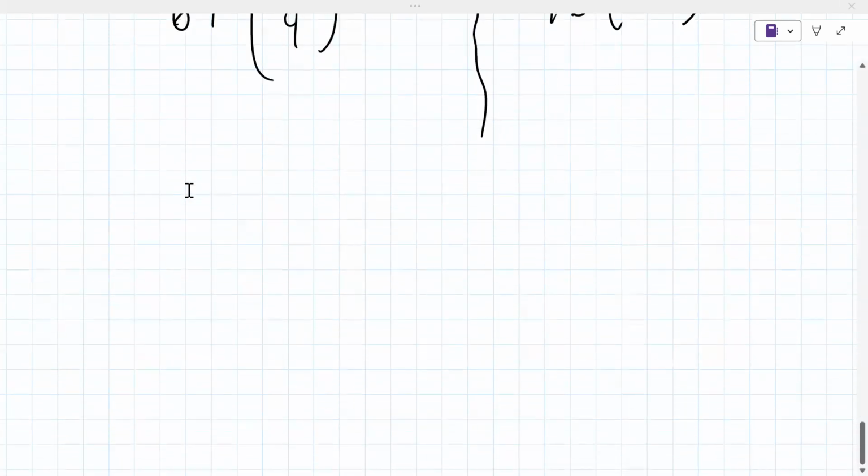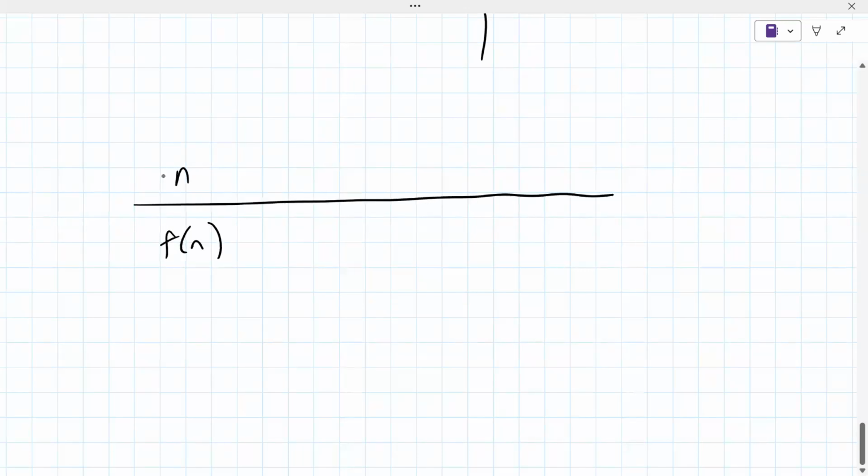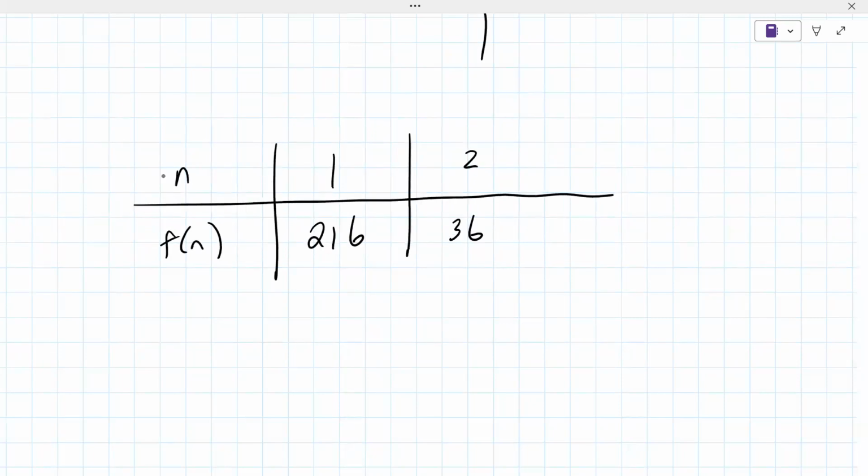All right, let's try another one. n and f of n: 1 is 216, 2 is 36, 3 is 6. What is the pattern here?